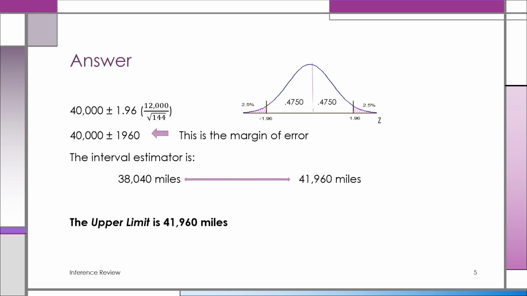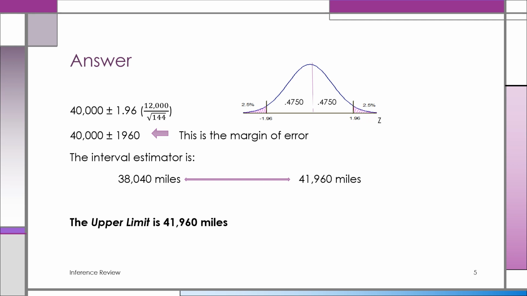Here's the answer. First, what you don't see here is you look at your formula sheet and you get the formula for a confidence interval estimator of mu, where you have a large sample size. 144 is a large sample size. And so we're using the z distribution. We're getting our values for the 95% confidence from the z table.